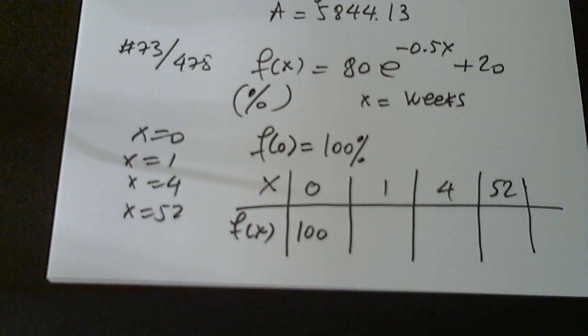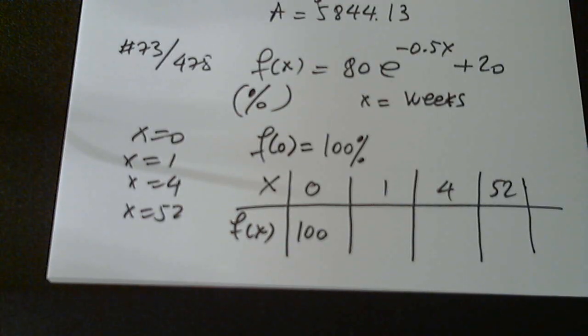Check the function: 80 e to negative 0.5x plus 20. All I have to do is second and table. There is no need for 0, we know it's 100%. And then 1, and then 4, and then 52.